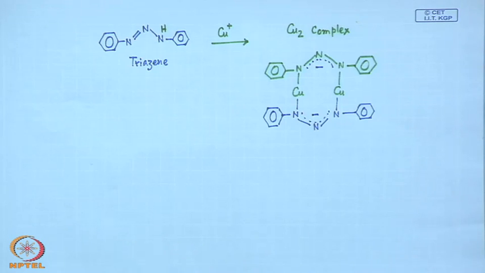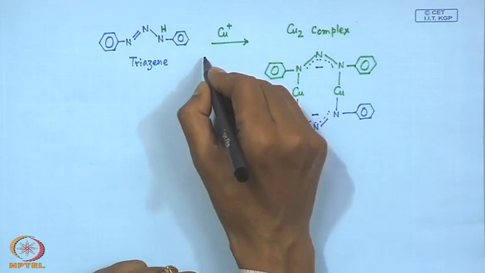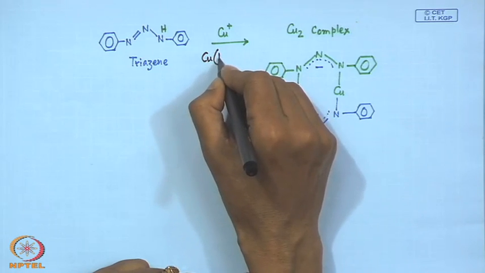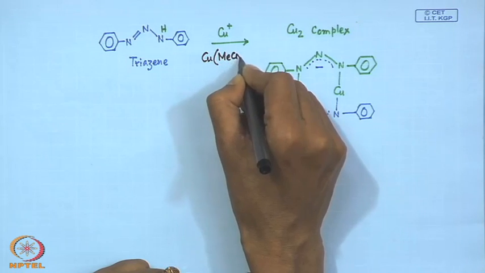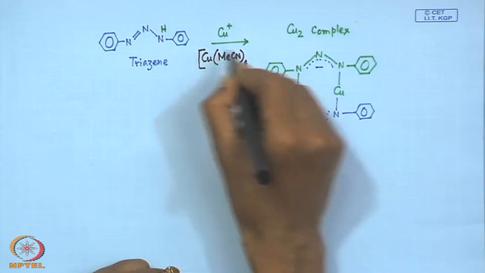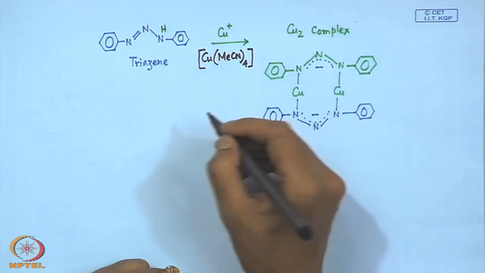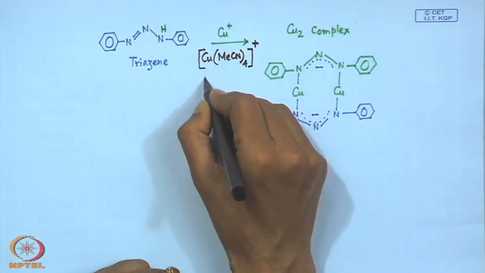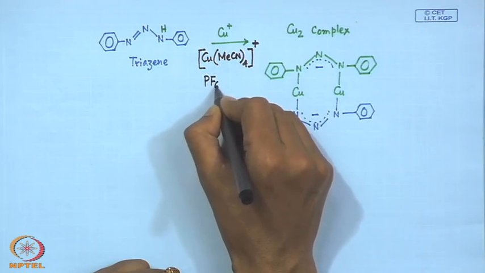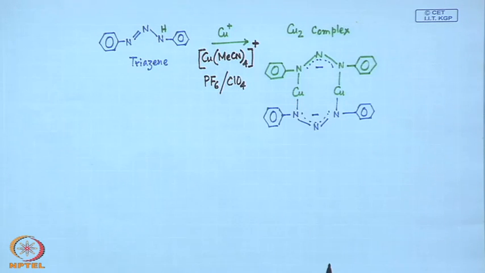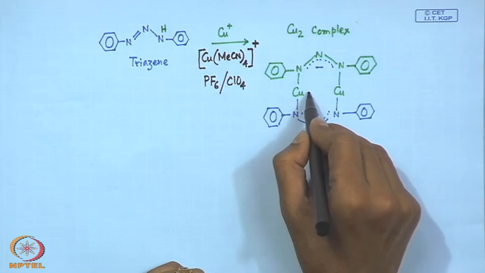Since both are copper centers, we utilize a very well known starting material of copper 1 with coordination of 4 acetonitrile molecules over it, which can be a salt of PF6 or perchlorate.